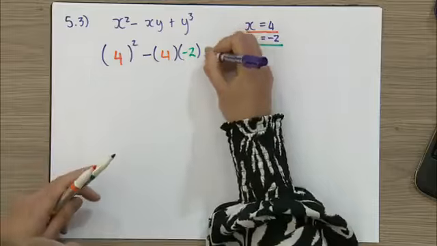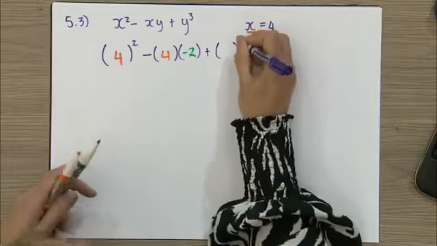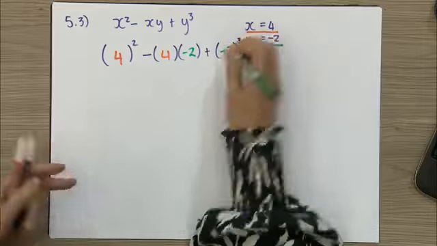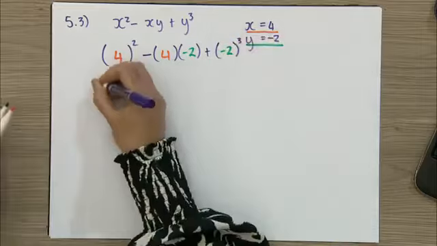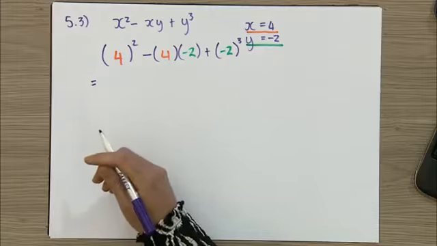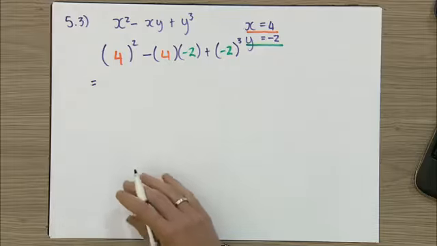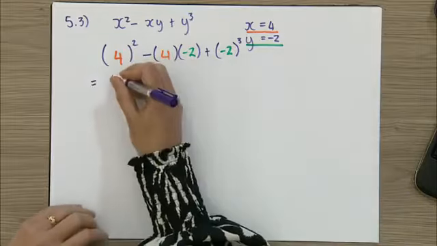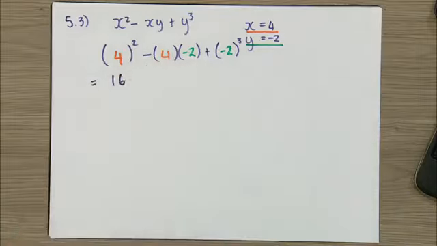Plus, in a bracket, to the power of 3, what must come in y's place? Negative 2. And now I can just use my calculator because nowhere did they say I was not allowed to use my calculator. So, if I substitute in and I use my calculator, I get my answer is 16.